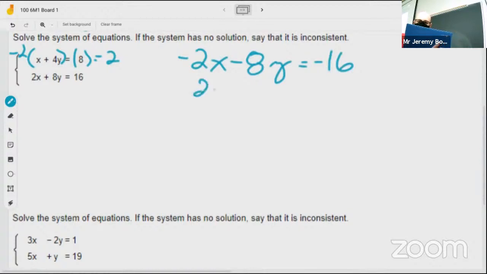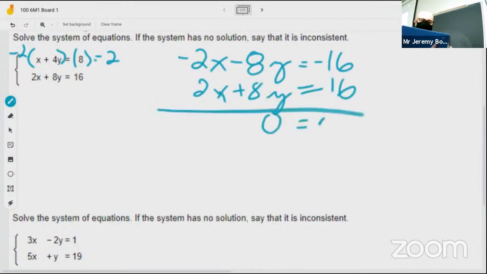And then you have 2x plus 8y is equal to 16. You may see what's going to happen here. We're going to have 0 is equal to 0. That means what?